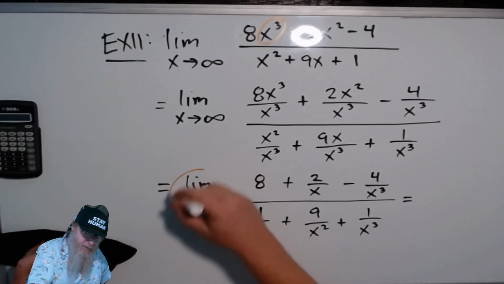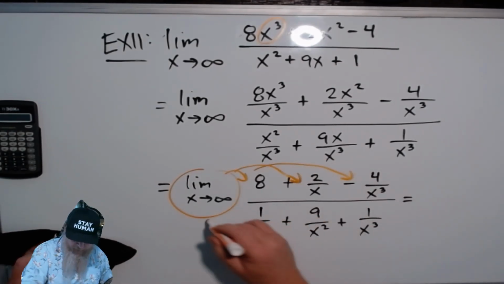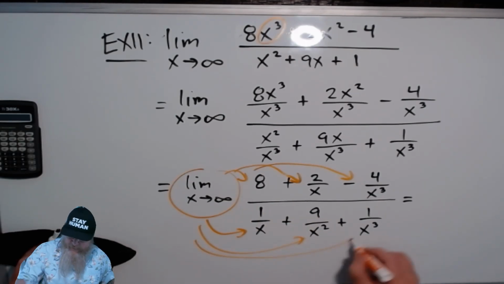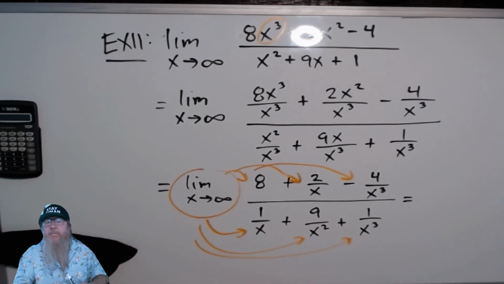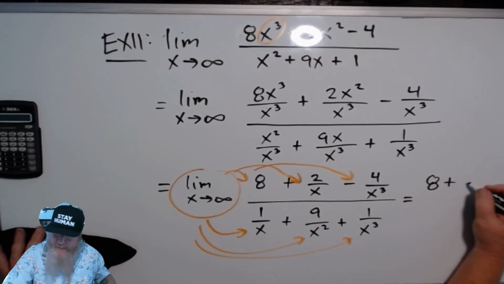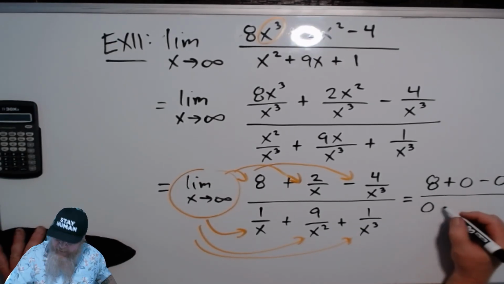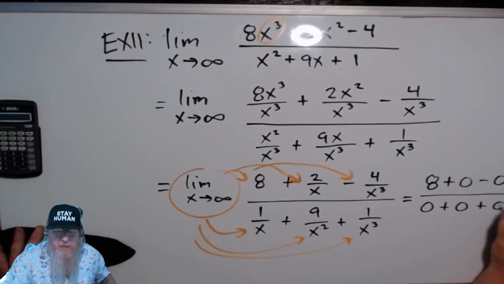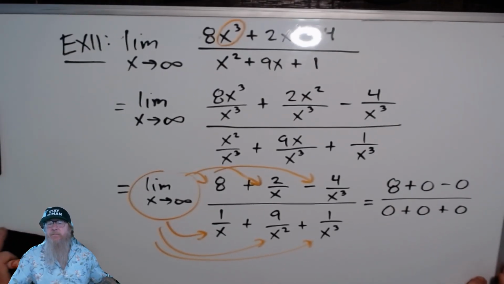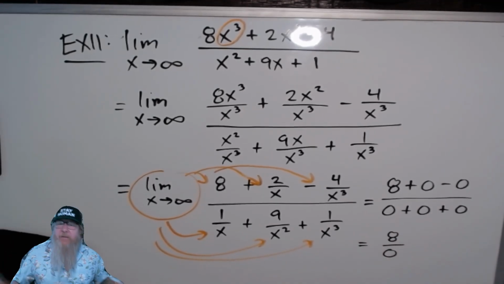And then I'm going to apply the limit 6 times. Oh, it's 6 again, 6 different terms. And I'm going to get 8 plus 0 minus 0 over 0 plus 0 plus 0, which is 8 over 0.